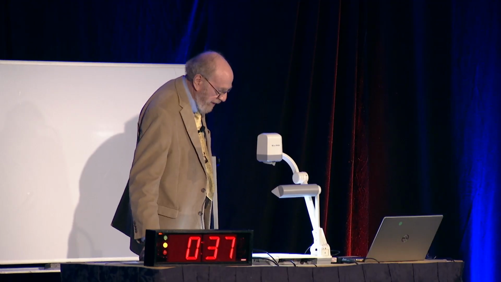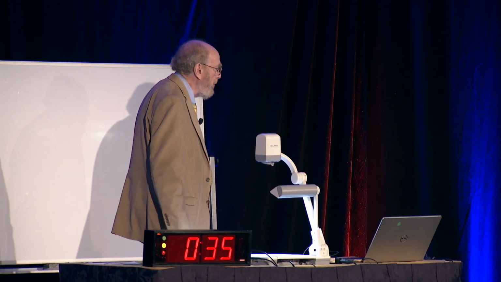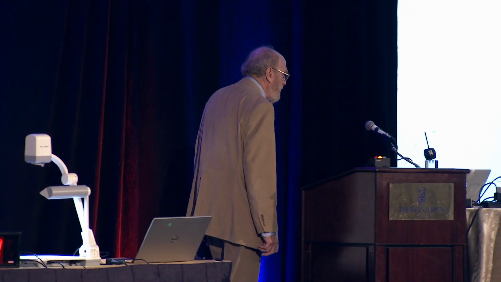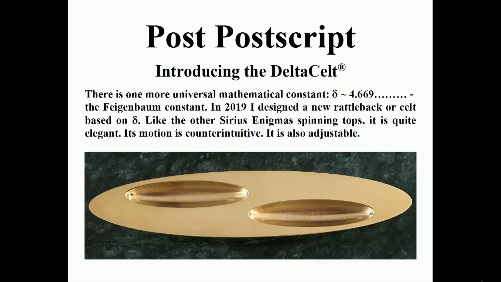Now, there's one last thing that I'd like to introduce. 30 seconds. Can we switch to this computer for one moment? In the summer of 2019, one of my best friends in life, Mitchell Feigenbaum, passed away, and I was invited to speak at his memorial. Mitchell had discovered the only constant of any living person named for them.